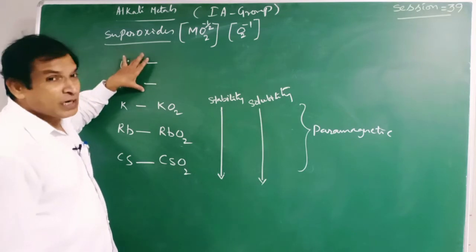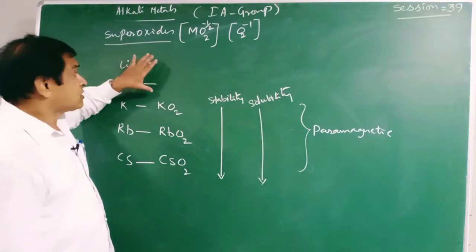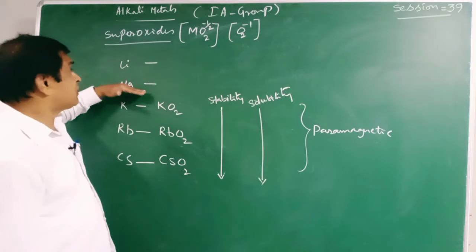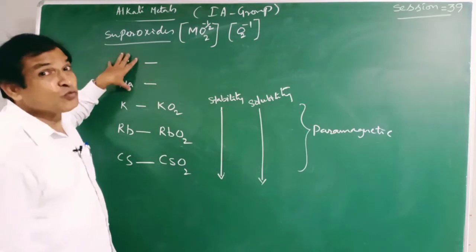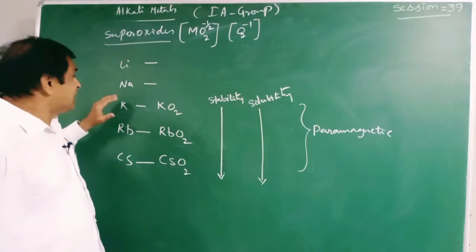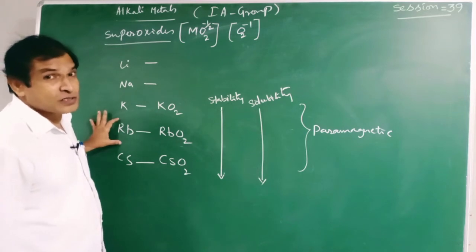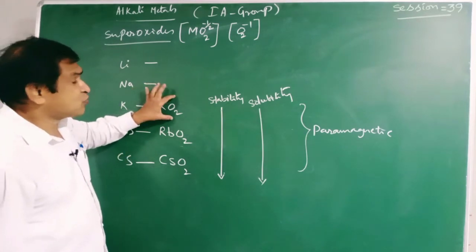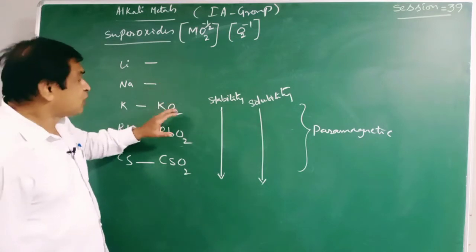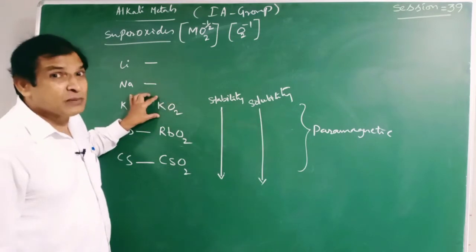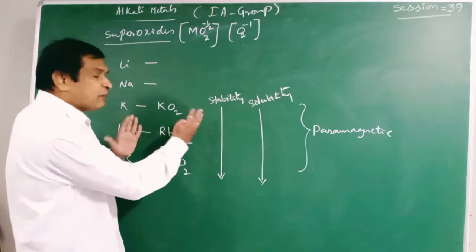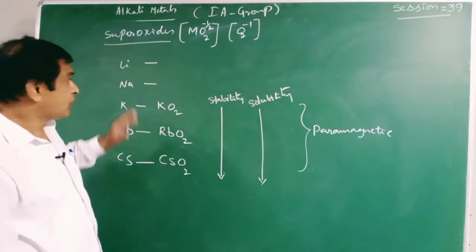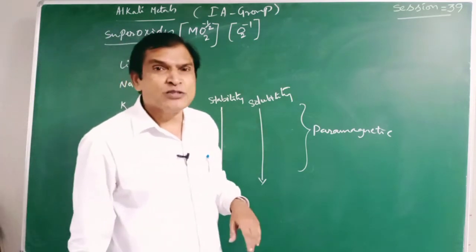Lithium and sodium cannot form superoxides because the size of these cations is much smaller than needed. Only large cations can form superoxides. The size of the O2 minus ion is close to the size of the potassium cation, so stable ions can form stable compounds.